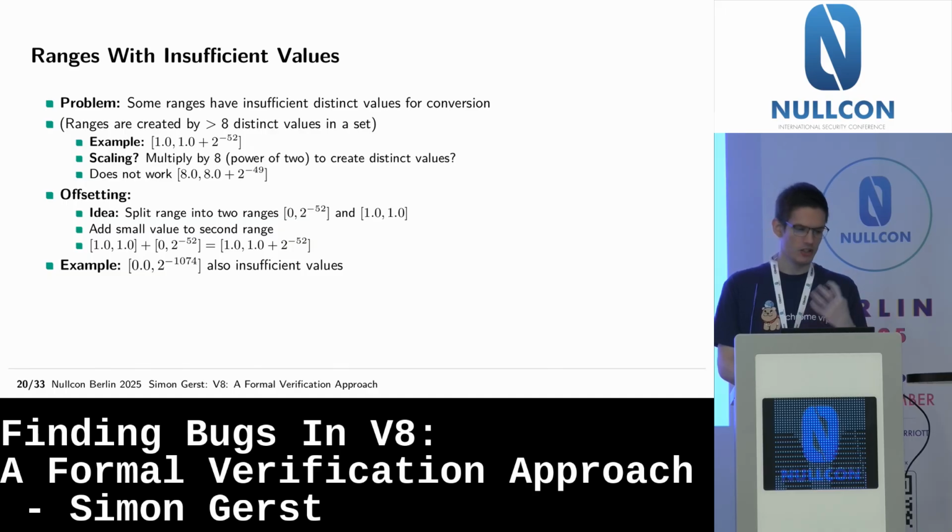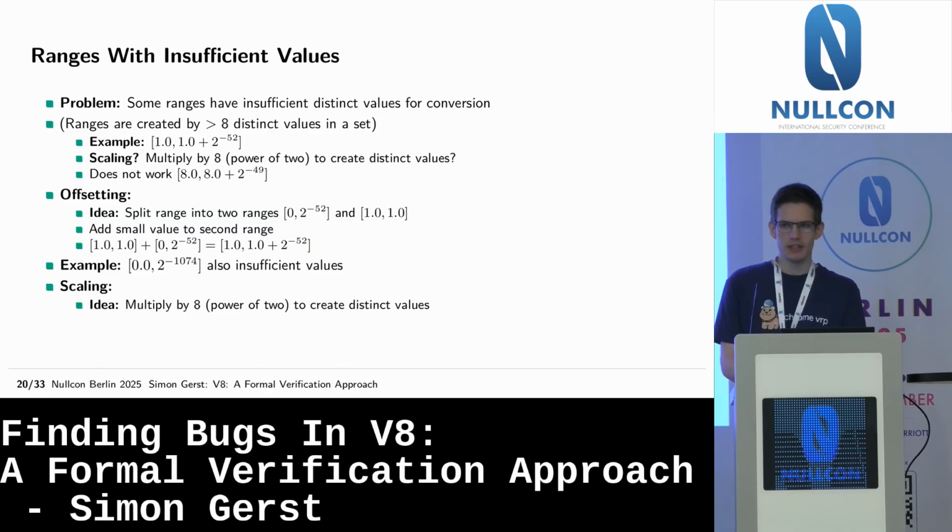But again, there are also edge cases. In this example, there are no distinct values between 0 and 2 to the power of -1074. So what can we do? In this case, we can actually scale, because the 0 remains unchanged, but the upper bound will get changed, and because the upper bound gets changed, we gain new distinct values between the upper and the lower bound.